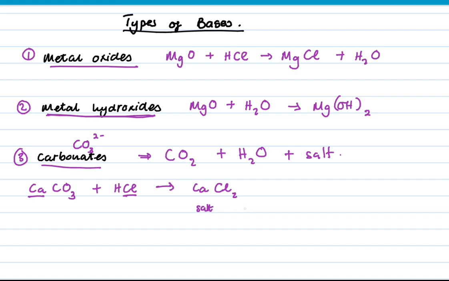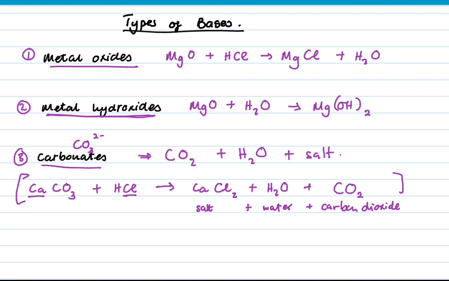Then it would also form water, which is H2O, and also form the other part, which is carbon dioxide, which is CO2. After all of this, the only remaining thing is to balance the whole equation.